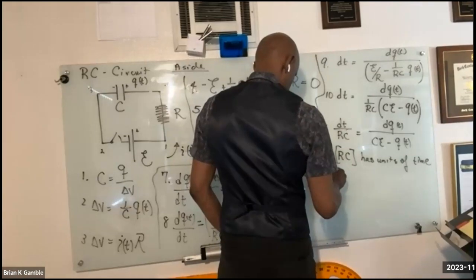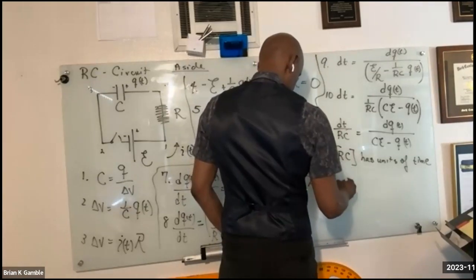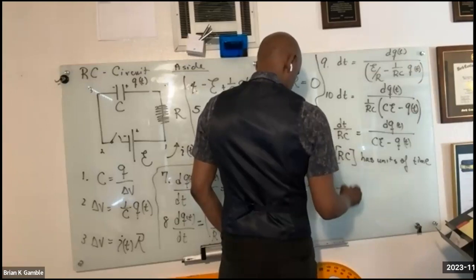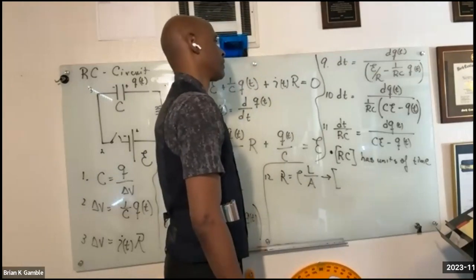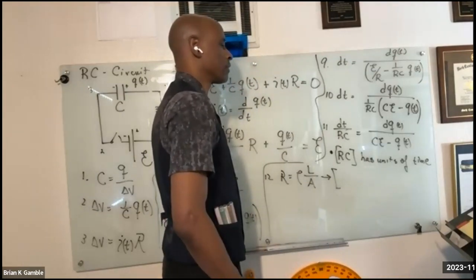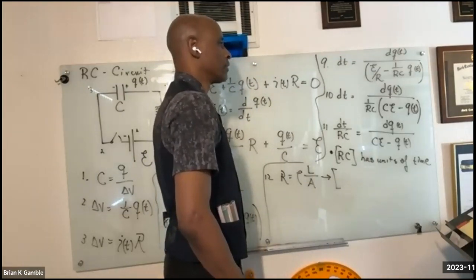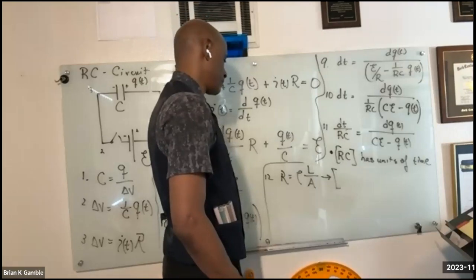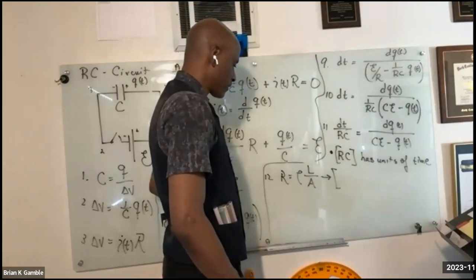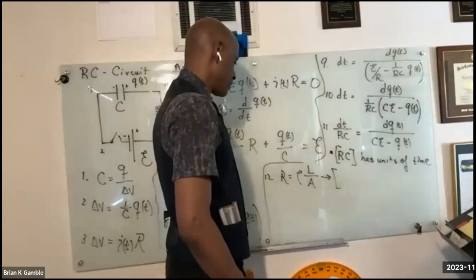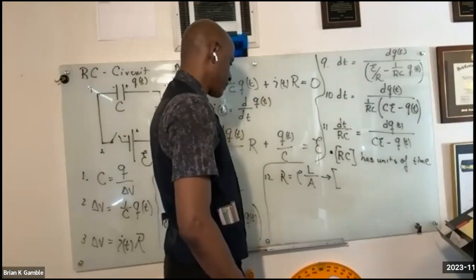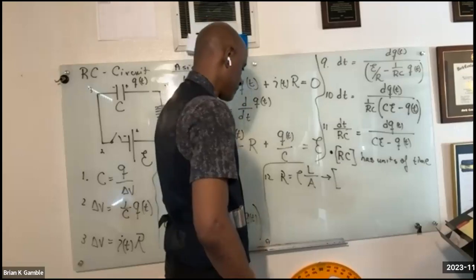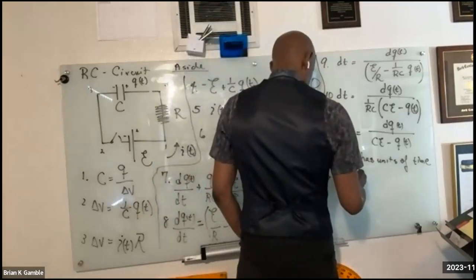Oh gosh, I'm drawing a blank, aren't I? It's going to be an ohm resistivity. What is that? It just comes directly from this. So it's an ohm times a meter. That's going to help us.